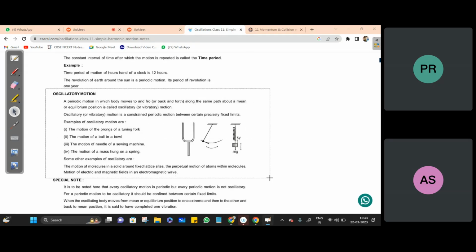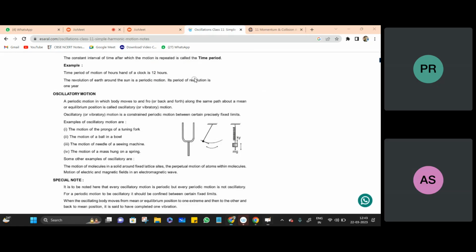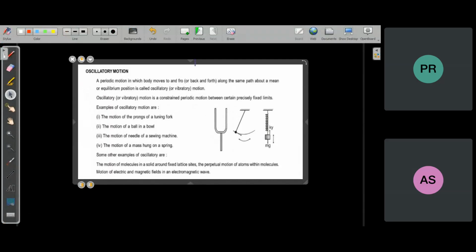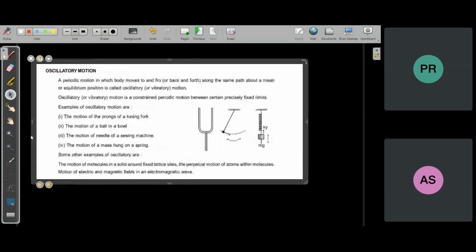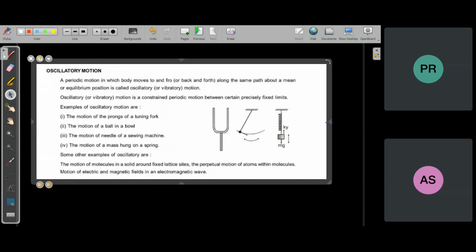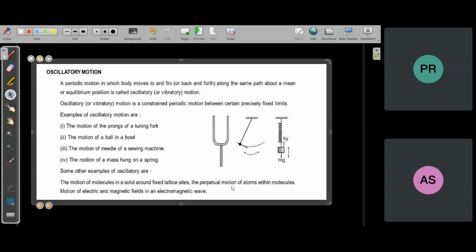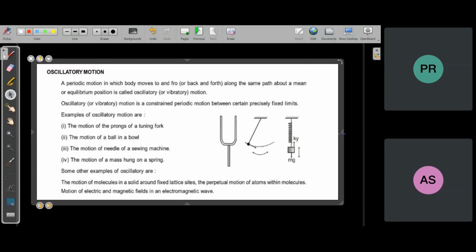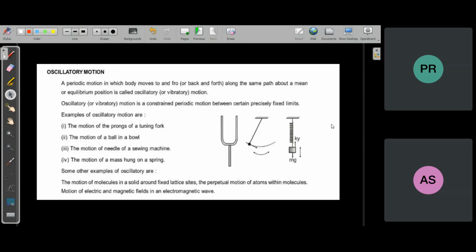Two things we understood. Now let's go to oscillatory motion. Oscillatory motion is a type of periodic motion. There can be many different types of periodic motion, and oscillatory is one of them. In oscillatory motion, a particle moves back and forth about a mean or equilibrium position.